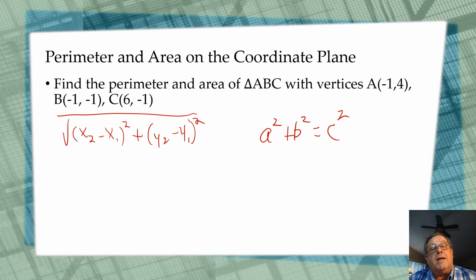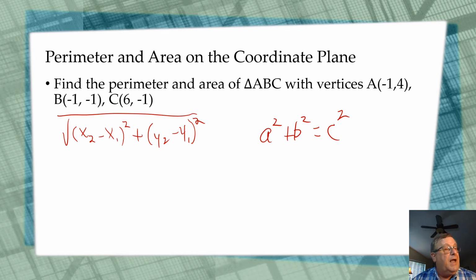Now also, we're going to be asked to find the perimeter. Once we get the measures of each of the three sides, and we know we're dealing with a triangle because we have three vertices, we just add those up and that gives us the perimeter.